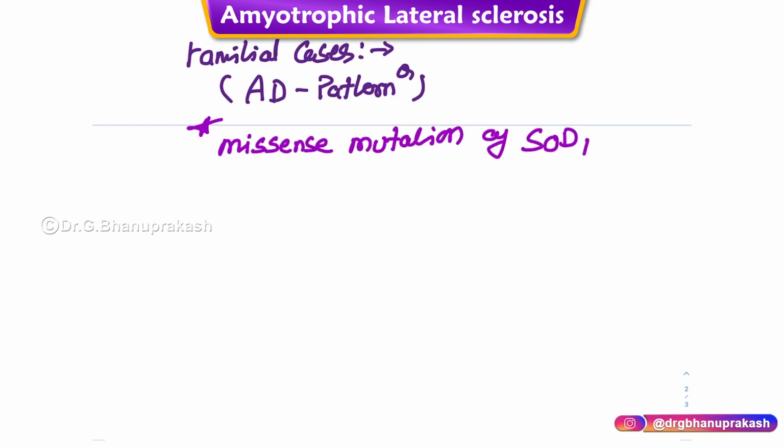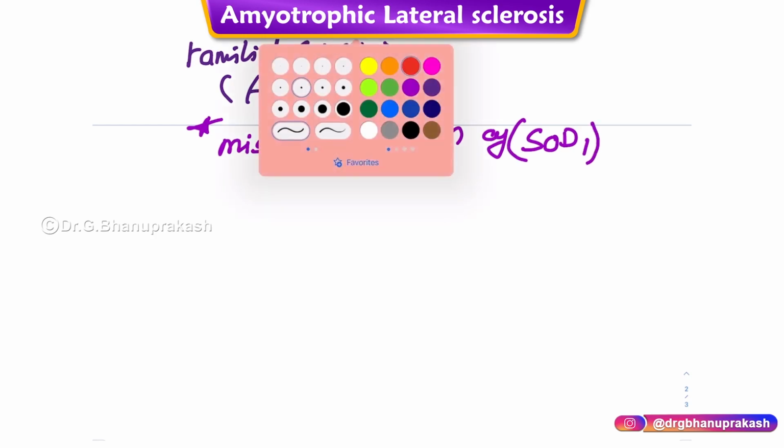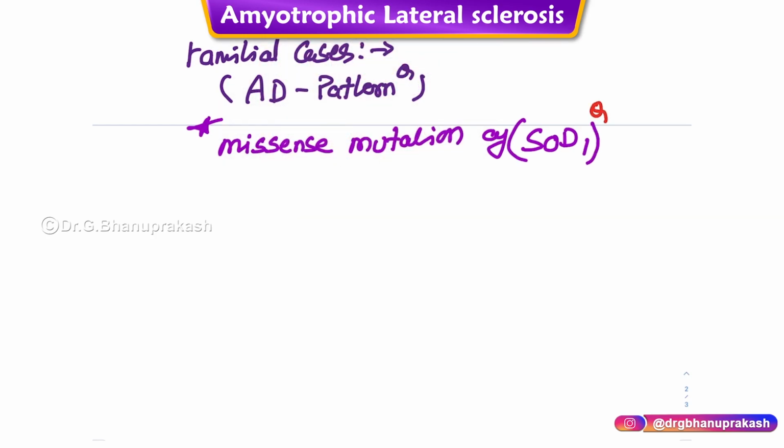What is SOD1? It is nothing but copper zinc superoxide dismutase. And remember a very important point, guys: this SOD1 gene is present on chromosome 21.